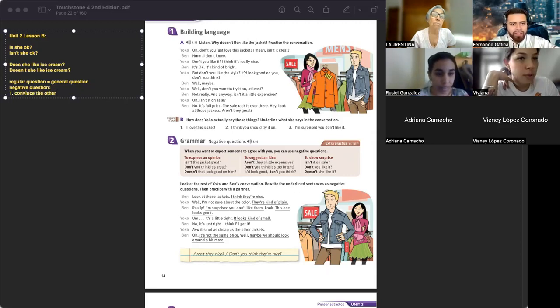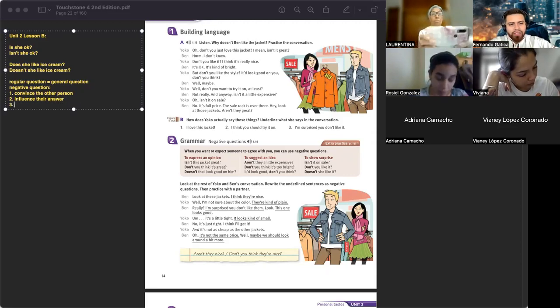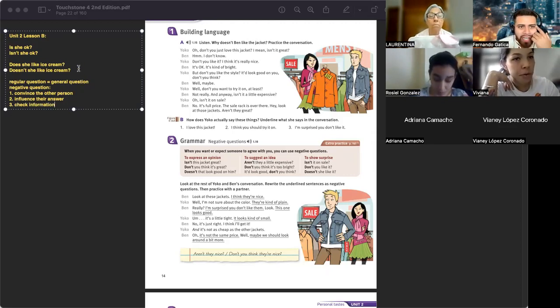Convince the other person, influence their answer. Very good. And also to check information. Like if I say, doesn't she like ice cream? Maybe I already think she likes ice cream, but I want to confirm. ¿No le gusta el helado? It's kind of like a negative question. You think she likes it, but you want to confirm. You have the idea, but you want to check.